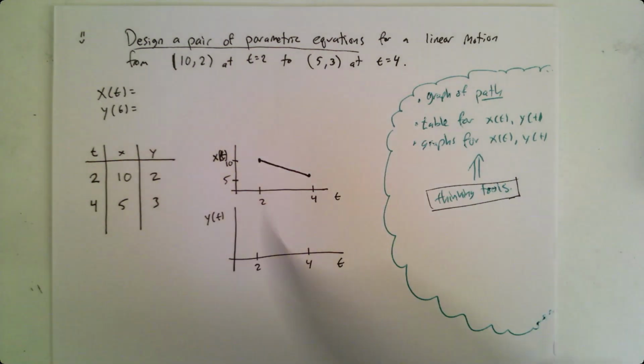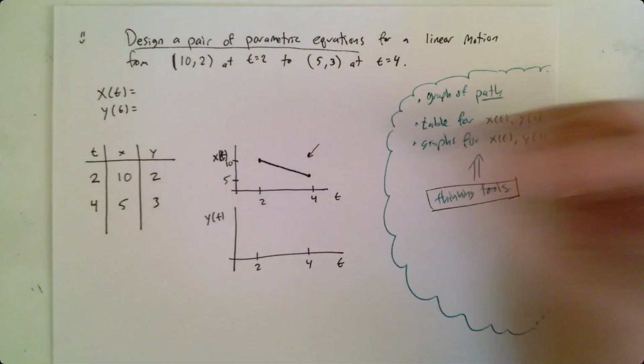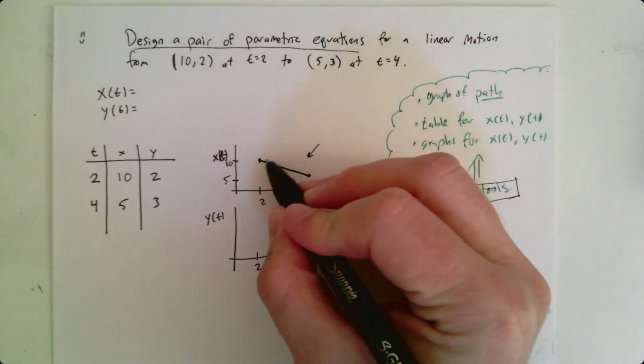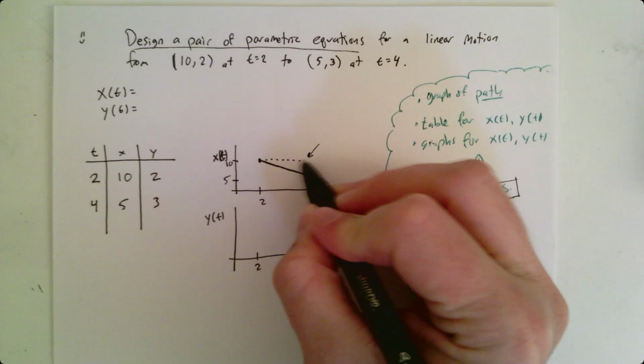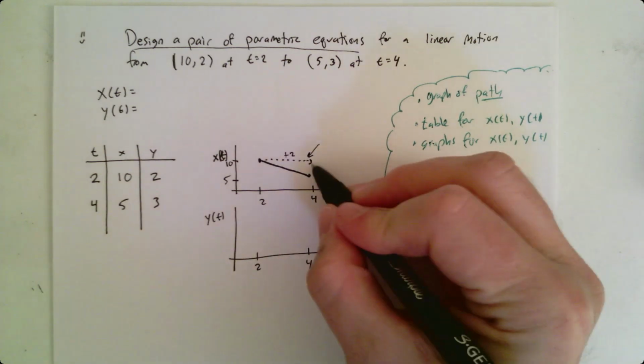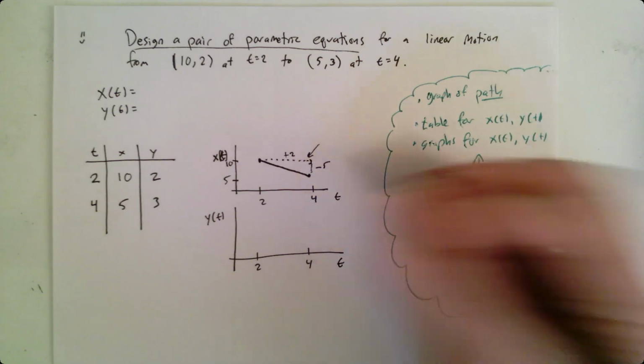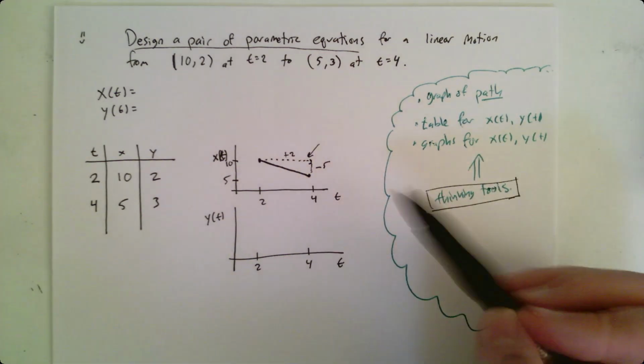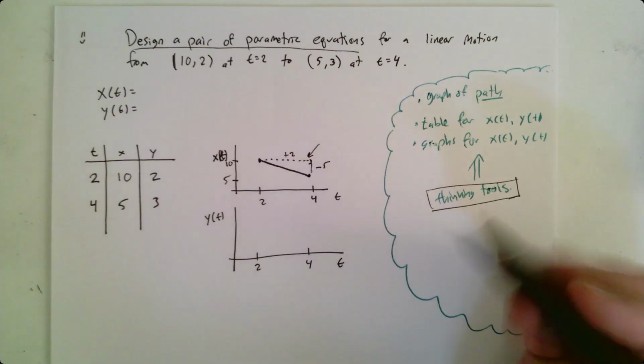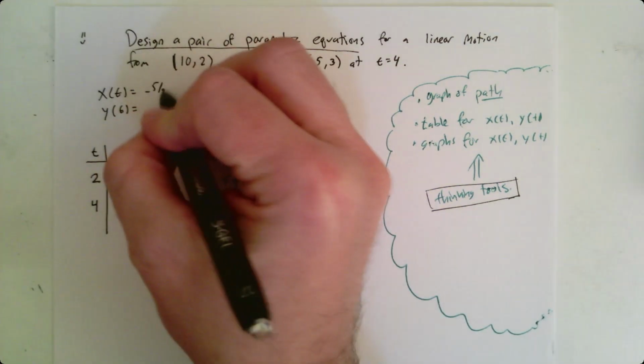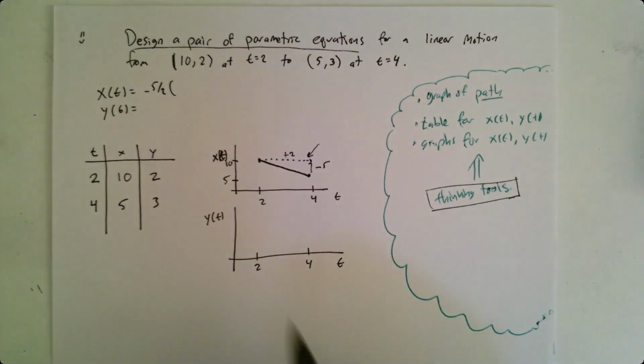And now that I've written it down this way, I'm thinking, aha, I know how to write equations for lines. It looks like in this direction, when I go up by 2 seconds, here I'm going down by 5. So if I think what's the slope of that line, it should be negative 5 halves. So now I can just start writing the equation. We've been working with the point-slope form of the line, so that's what I'm going to continue to do.